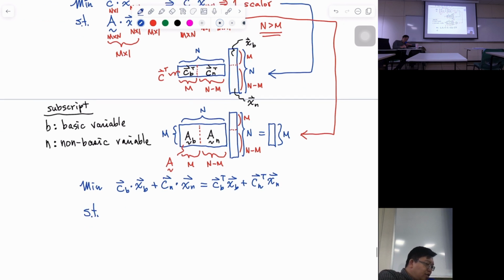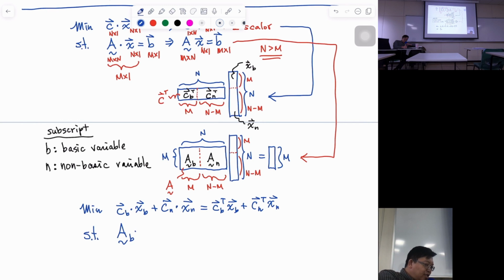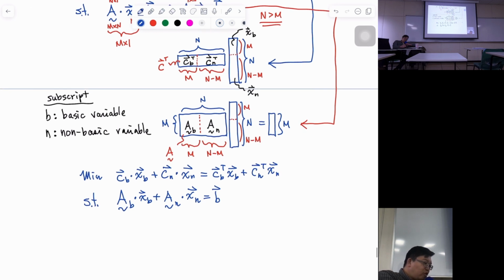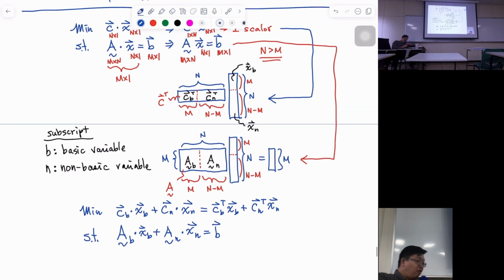Subject to what? A matrix B, the product with XB, plus A matrix N, the product with XN, equals the same thing, B vector. Or if you don't like the transpose sign, it's the same thing. For a matrix multiplying a vector, you don't really need to write the dot.